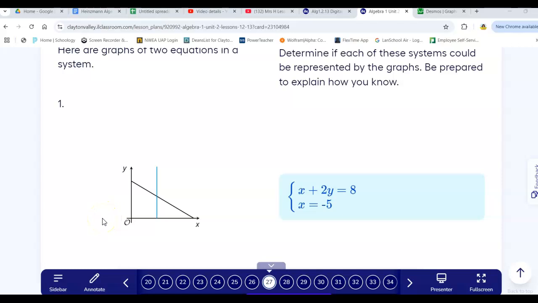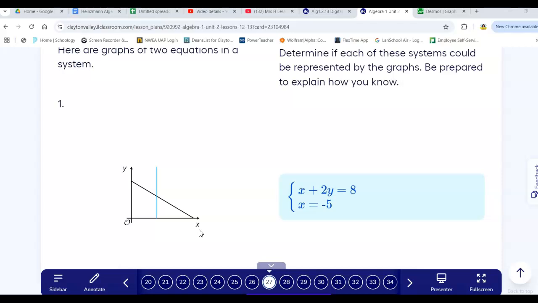So you're going to go through the set of equations, and you're going to make similar determinations, and you're going to have to think about it. That's the whole point of this, is to get you to look at these things and think about whether this is possible, that this could be true.